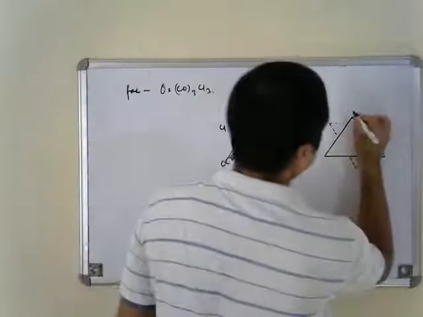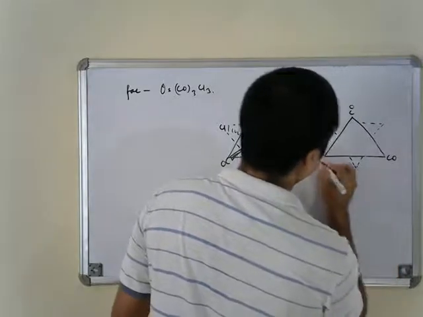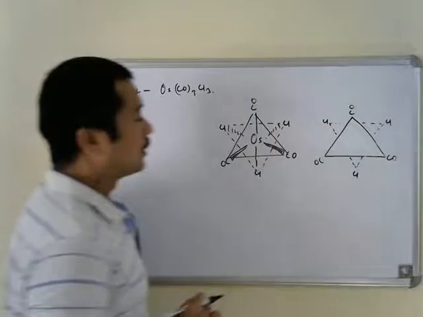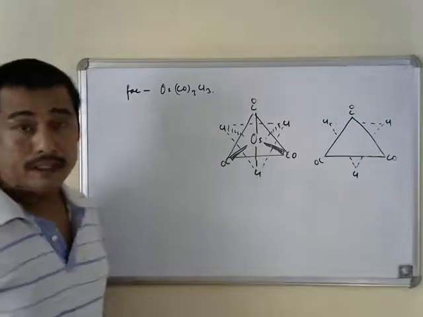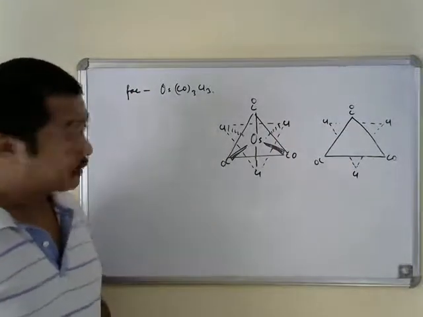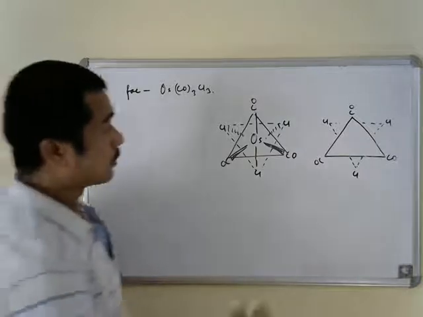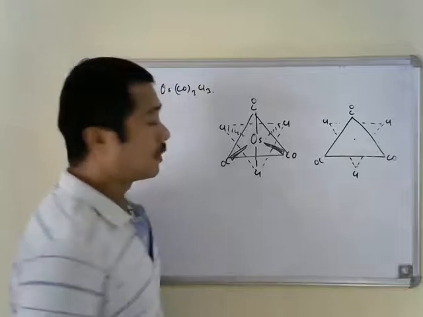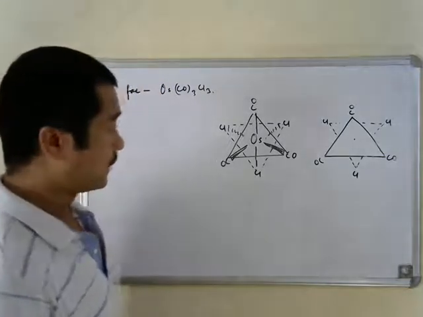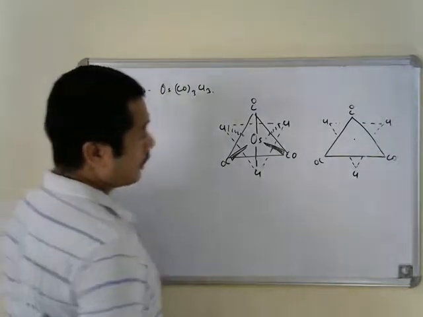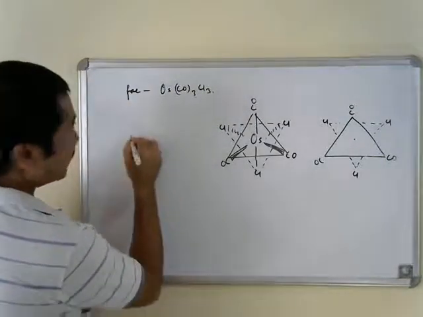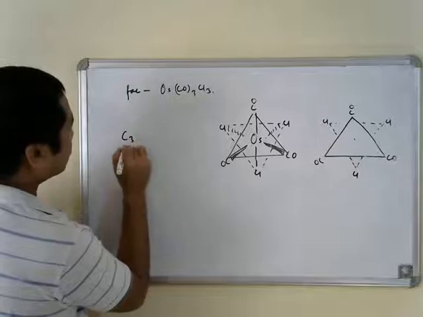So we can put these COs over here and these Cls over here. So once again, you can easily identify that there is a C3 axis of symmetry in this molecule, which passes through the center of these two triangular faces, and of course it goes through the osmium atom in this case. So there is a C3 axis of symmetry.